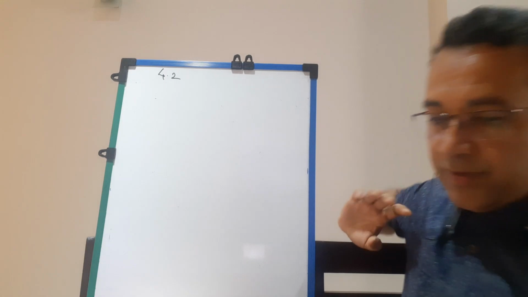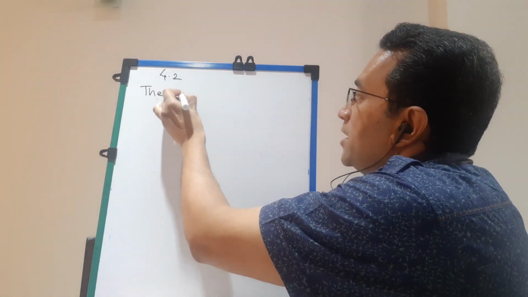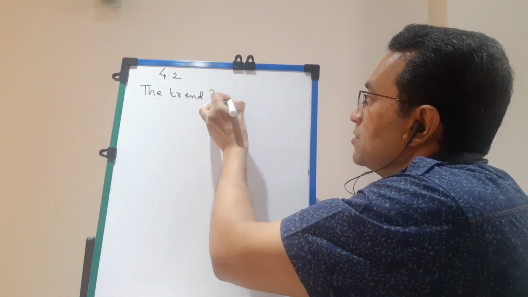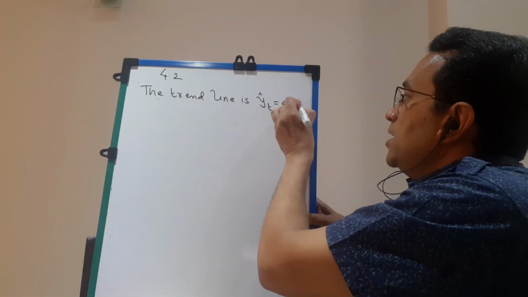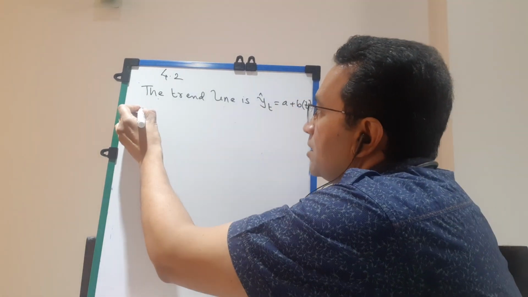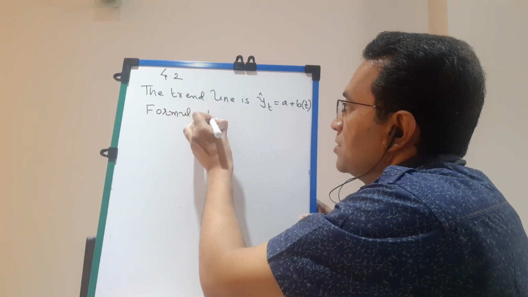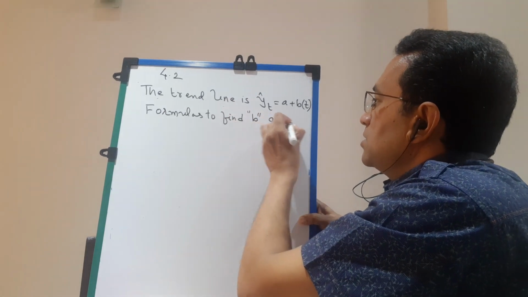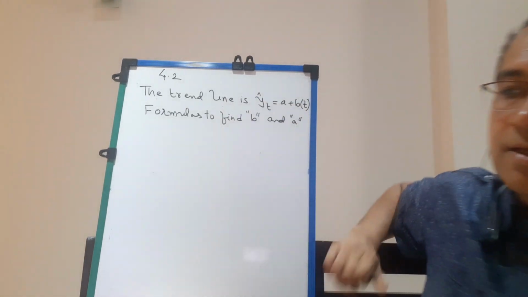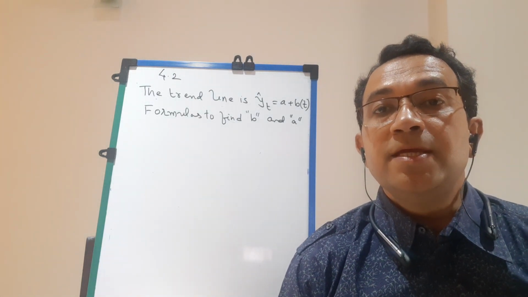And before that we will write the trend line equation: yt cap is equal to a plus b into t. Then the formulas to find b and a.